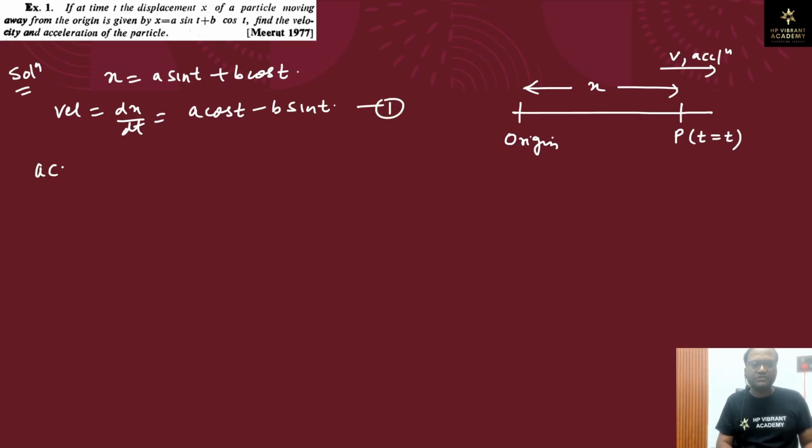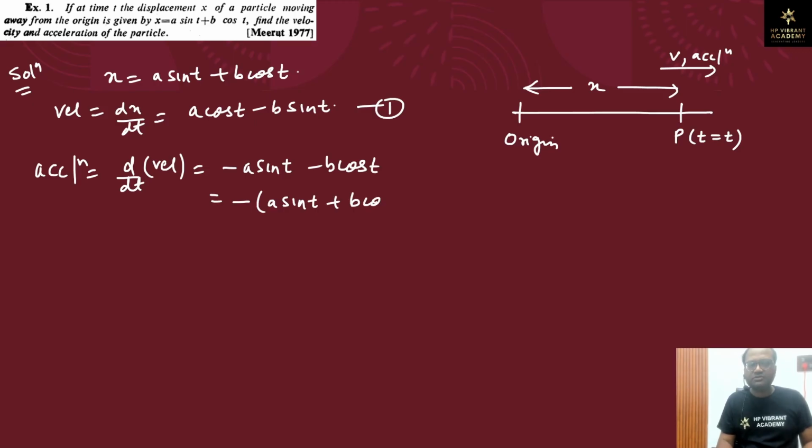Now acceleration is equal to the first derivative of velocity. So we have d upon dt of this. Let us differentiate equation 1 with respect to t. So we have minus a sin t minus b cos t. So this is equal to minus of a sin t plus b cos t, and this is equal to x.